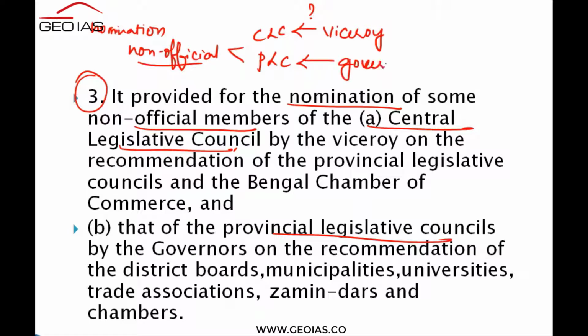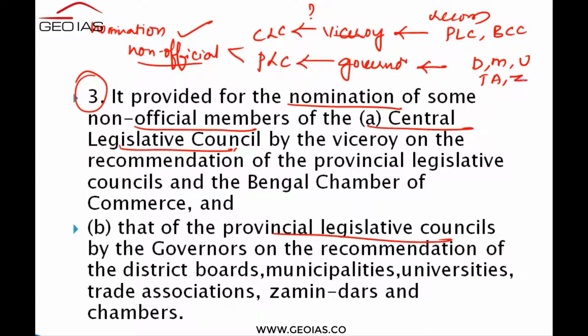And who recommends the names of these people? Names were recommended to the viceroy by provincial legislative councils and the Bengal Chamber of Commerce. And for the governor, district boards, municipalities, universities, trade associations, zamindars and chambers will recommend the names, and the governor will appoint some of the non-official members to the provincial legislative council.